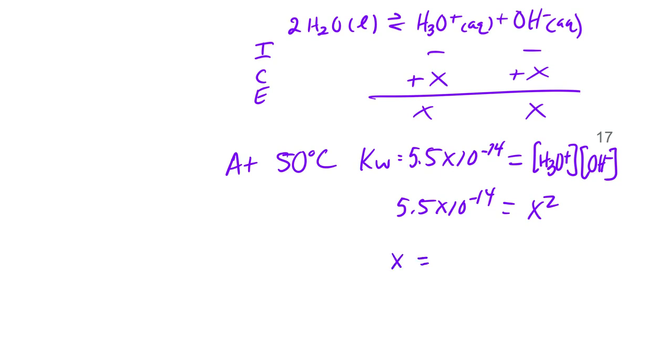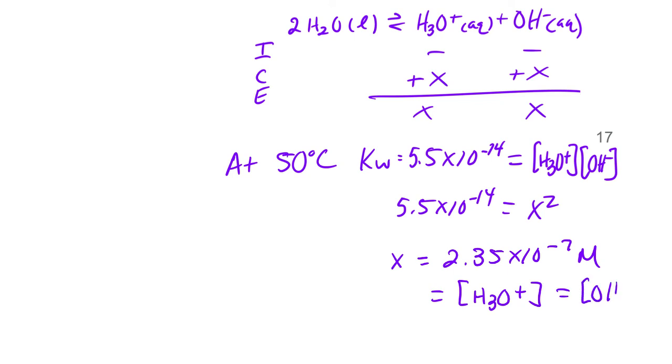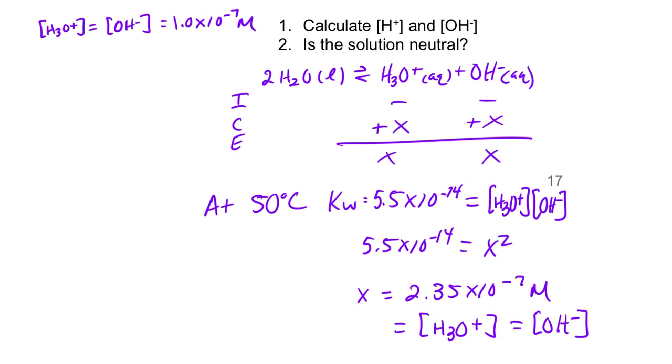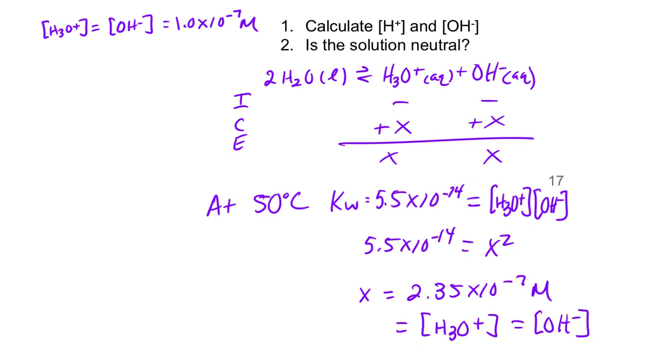We get X is equal to 2.35 times 10 to the minus 7 moles per liter, which is then equal to the concentration of H3O+ and OH-. They're both the same, and so is that solution neutral? Yes.